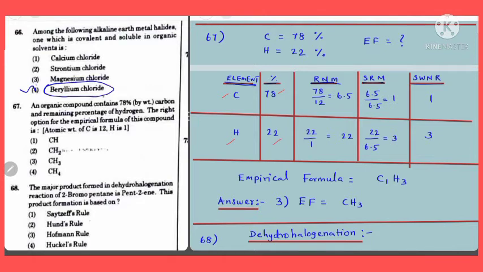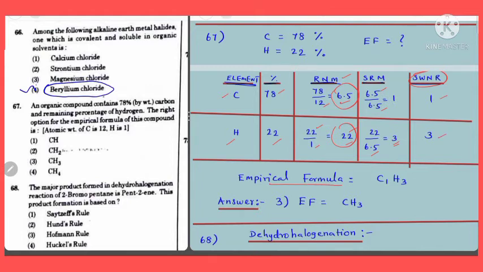First we have to find the relative number of moles, so the percentage of the element has to be divided by its atomic mass. 78 by 12 is 6.5. Similarly, the percentage of hydrogen, 22, by its atomic mass 1, is 22. Then the simple ratio of moles: these two numbers have to be divided by the smallest one, which is 6.5. 6.5 by 6.5 is 1, then 22 divided by 6.5 is nearly 3. So the simplest whole number ratio is 1 for carbon, 3 for hydrogen.